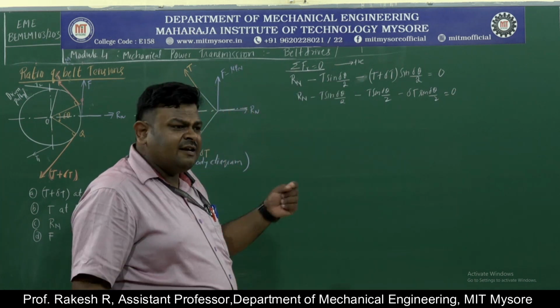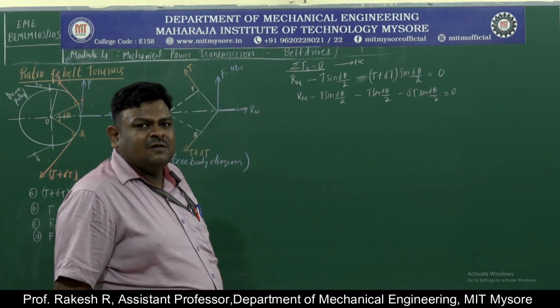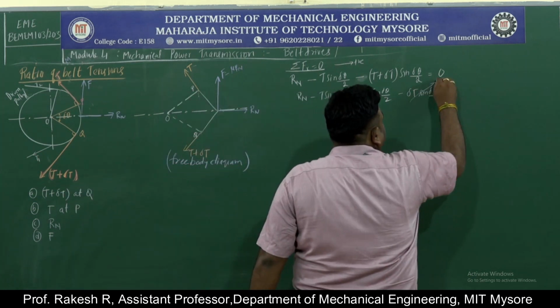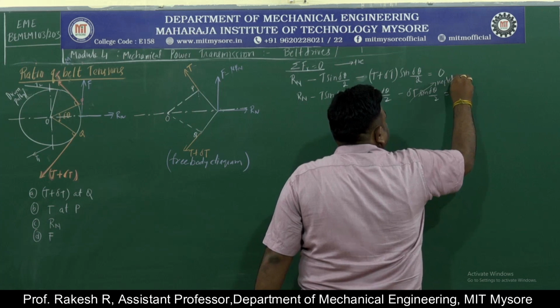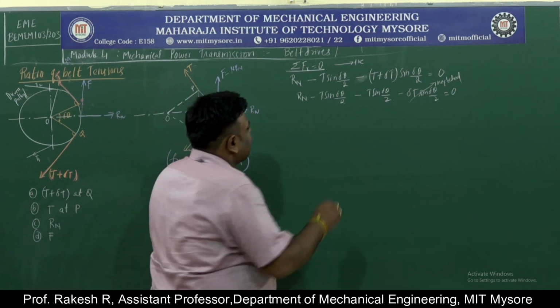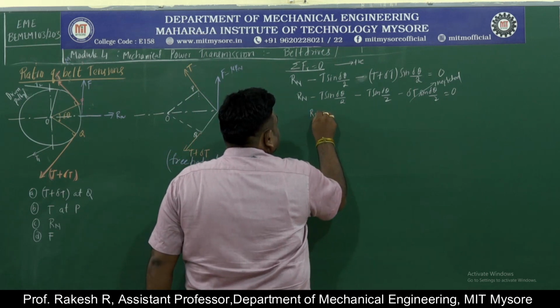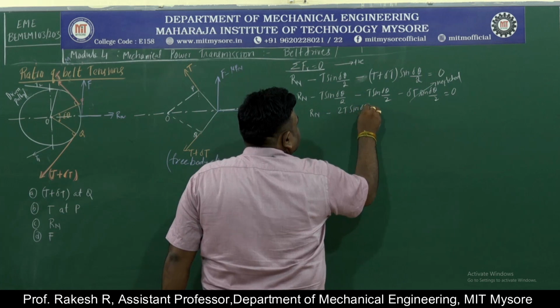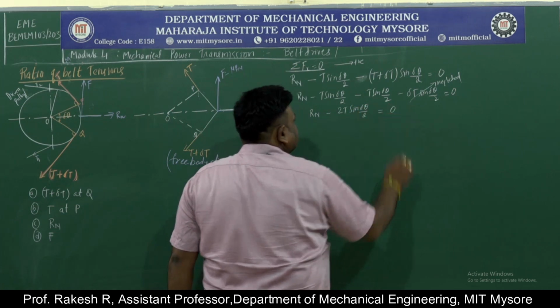So delta T itself is small. We can neglect the product of small quantities. So this will be neglected because it is a product of small quantities. I will be considering Rn minus 2T sine delta theta by 2 equal to 0.